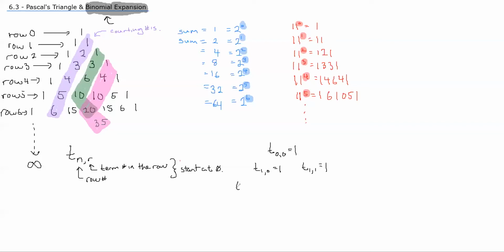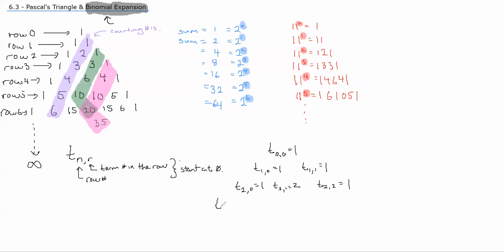In the second row, the 0th term is a 1. In the second row, the first term is a 2. And in the second row, the second term is a 1. Notice how the term number in the row never gets larger than the row number.